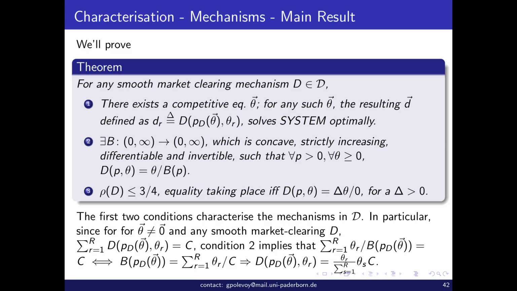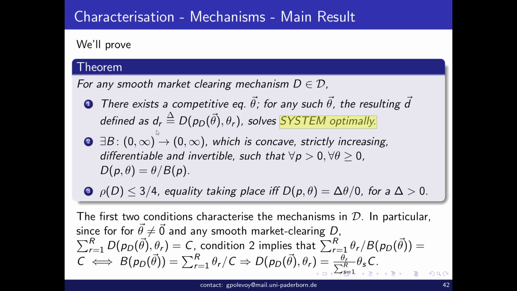For any smooth market clearing mechanism D, two things hold. First, there exists a competitive equilibrium theta, and for any such equilibrium, the resulting vector of shares is an optimum solution to the system, so basically every equilibrium is optimal.